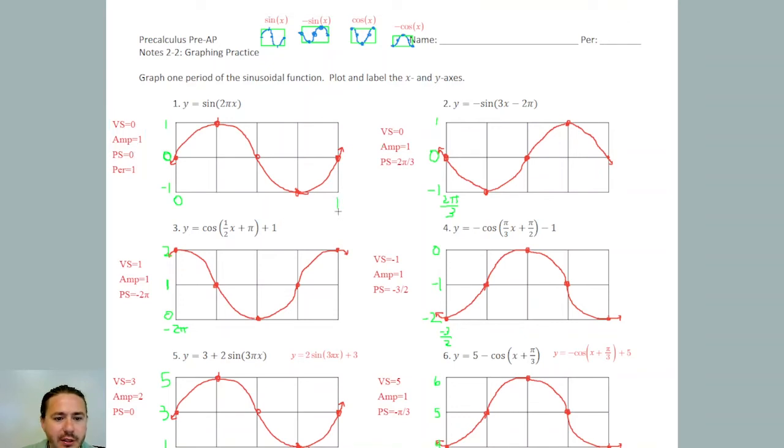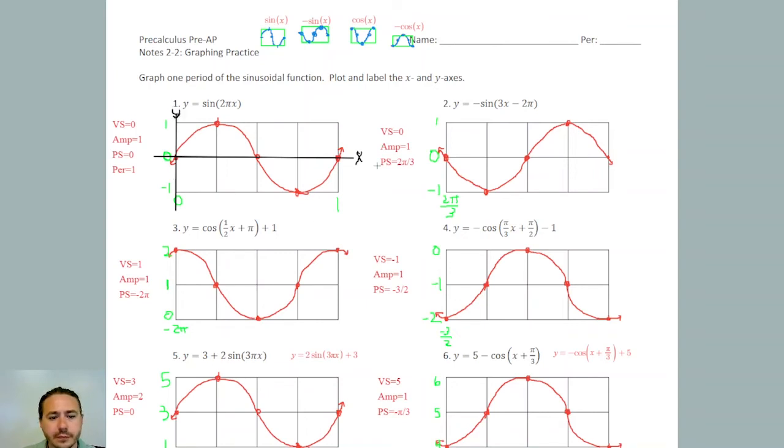And this one's complete. So let's go ahead and label the x and y axis here. We might as well, just so that way we can be done with this one. The x-axis will be here wherever 0 is, and the y-axis will be here wherever 0 is. So really you're looking for those zeros. So I'm going to label this with X and Y, and then that one is totally done.